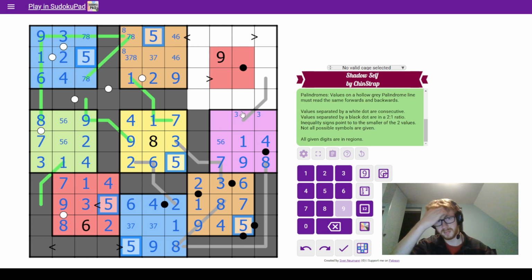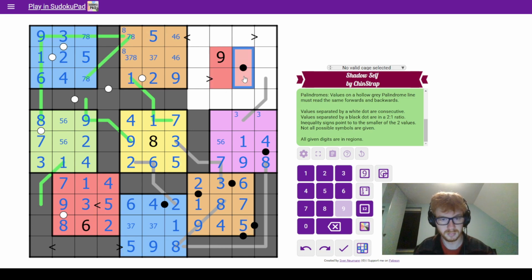Okay. So this cannot be 6, 3. It cannot be 1, 2. It can be 2, 4, or 4, 8. It cannot be 2 or 4, so that's an 8. So that's a 4. What am I missing?